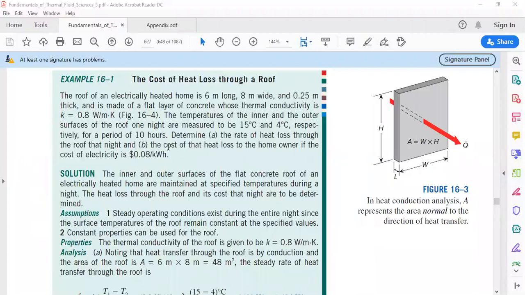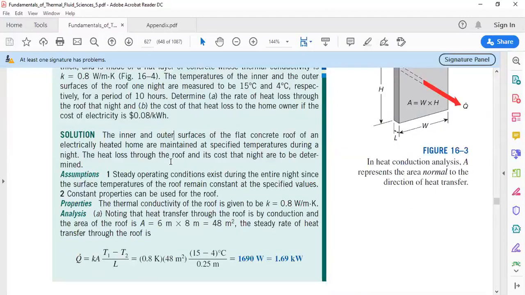For a period of 10 hours, determine first the rate of heat loss through the roof that night, B, the cost of that heat loss to the homeowner if the cost of electricity, since it's electrically heated, is 8 cents per every kilowatt hour. Kilowatt hour is a unit that's frequently used to represent the thermal energy consumed.